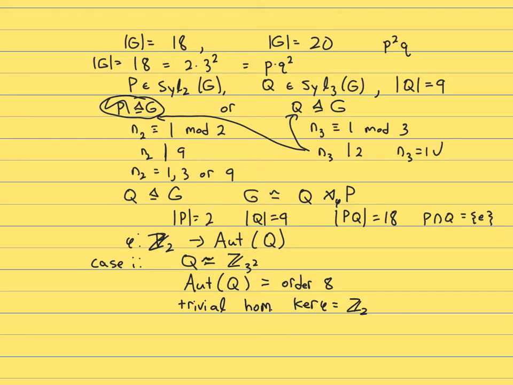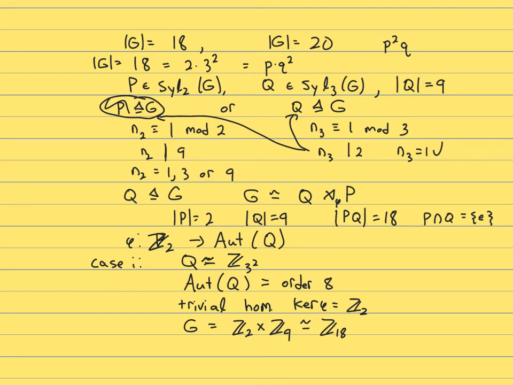That's going to result in G being the direct product of Q and P, which is Z18. And then the other case is the non-trivial homomorphism that sends the generator of Z2 to the element in this automorphism group of order 2.